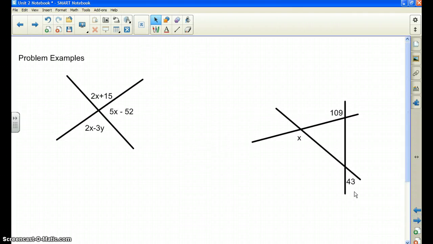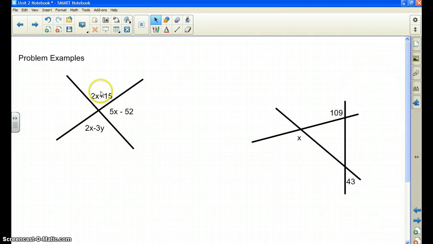All right, so let's look at just a couple of examples, and that'll be it for this video. Real short and sweet on these next couple of videos, because we're going to have some discussions as we go through these lessons. For this first example, I want to solve for x and for y.